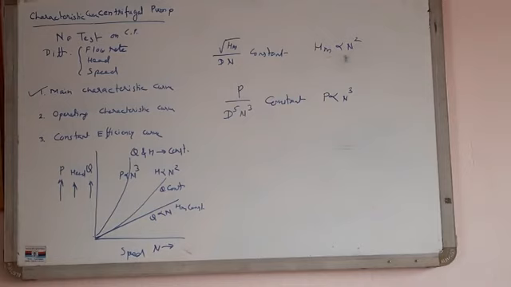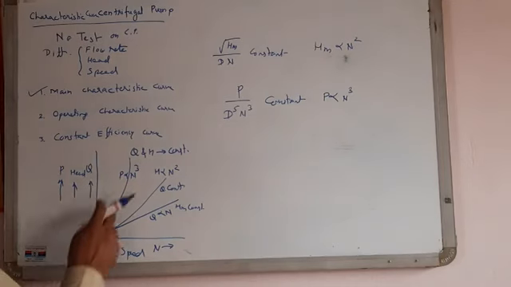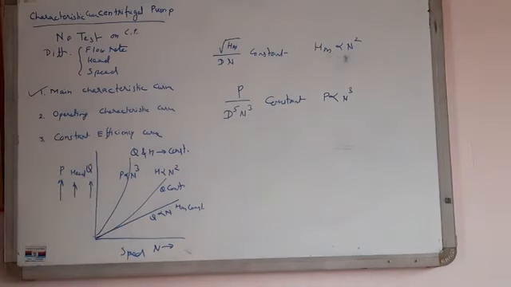That means the curve P versus N is a cubic curve. This one is the cubic curve as shown in the graph.